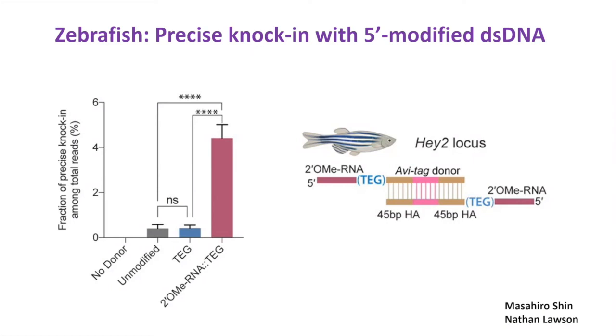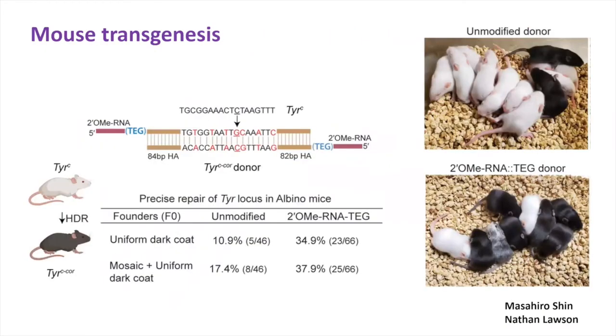Really pretty significant improvement. And in mouse transgenesis, these are injecting the zygotes during mouse microinjection of zygotes to create model mice. You can see that this tyrosinase locus is a useful system.